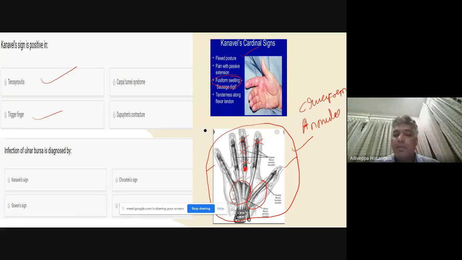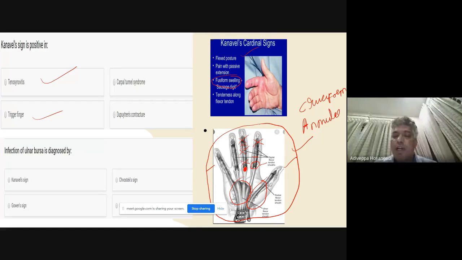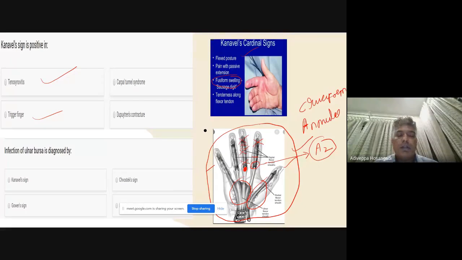In between you get annular pulleys. Annular is nothing but ring. Please remember, annulus is nothing but ring. The most important pulley is at the MCP joint. That is the A2 pulley. Please remember this. This is in respect to trigger finger that I was mentioning.